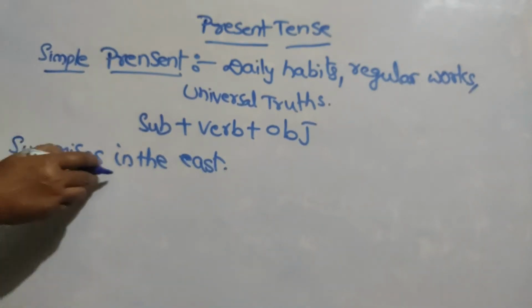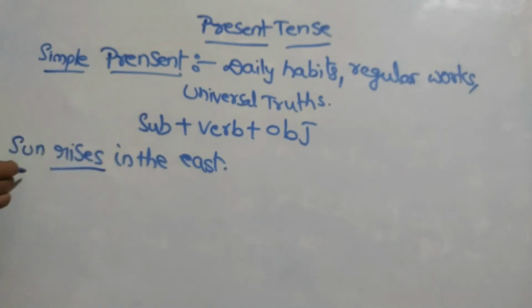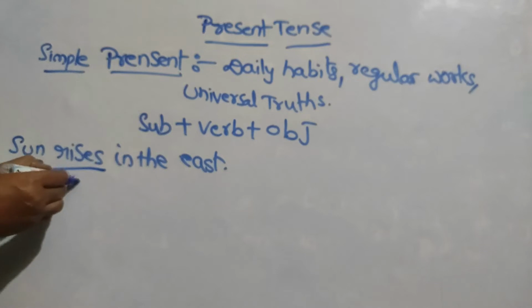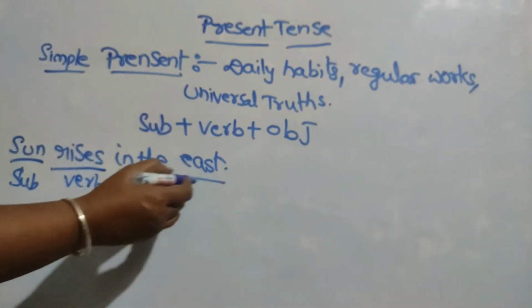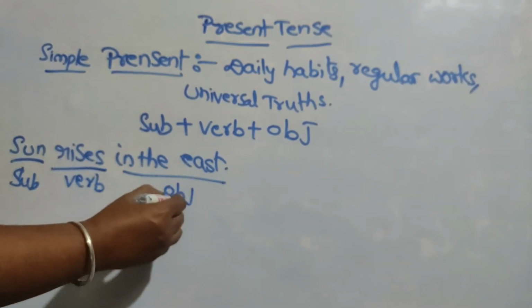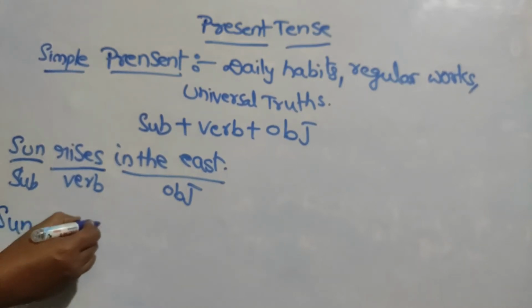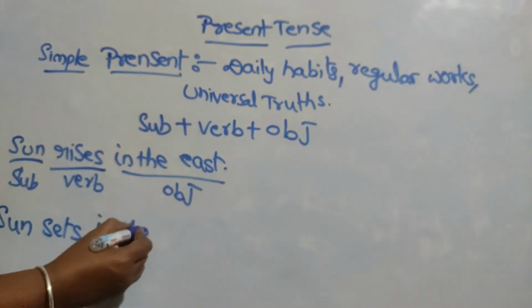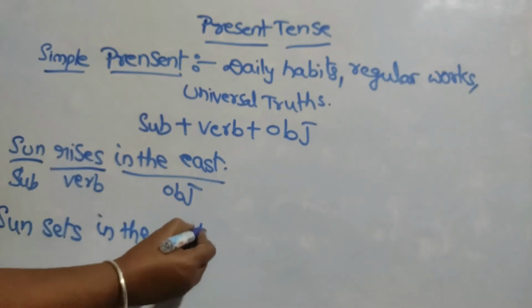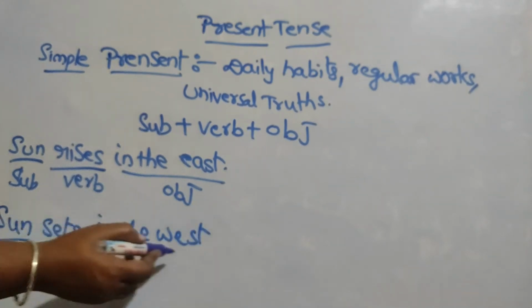Rises is the verb, sun is the subject, east is the object. So, this is the formation of the sentence for simple present. Sun sets in the west. This is also a universal truth.